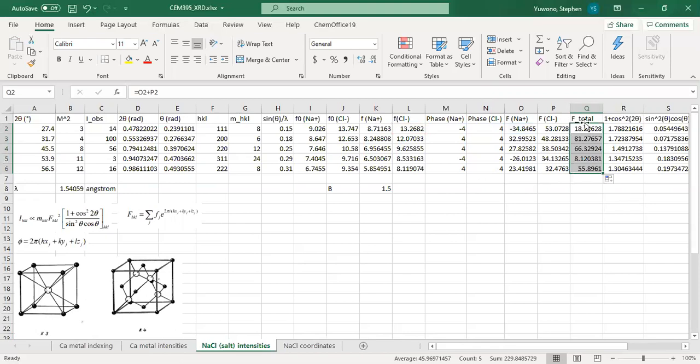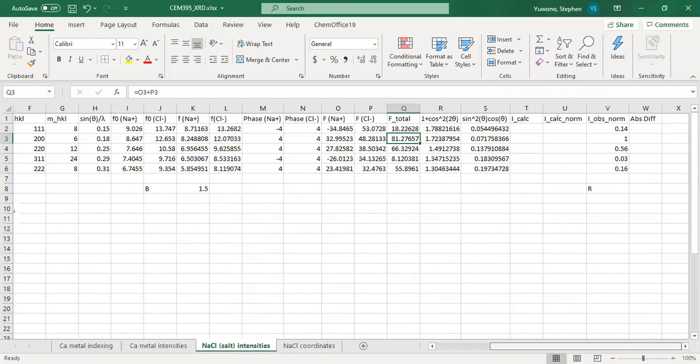Now, from the F total, you can already see the consequence of these phase factors. Now we can see that your first peak for a salt is not necessarily going to be the largest or the tallest peak anymore, because you might have a destructive interference coming from the sodium planes and the chloride planes. For example, here my second peak is actually the tallest one. Right?